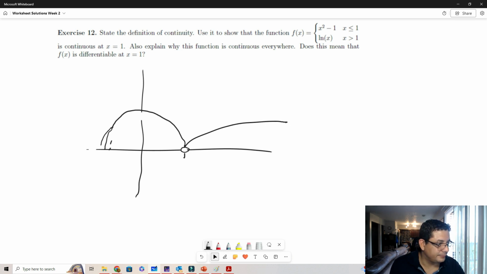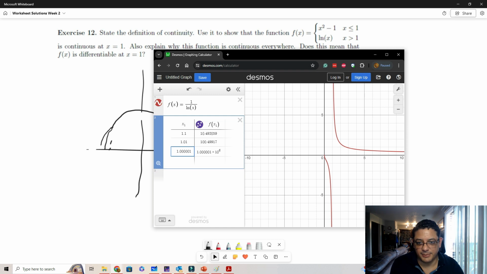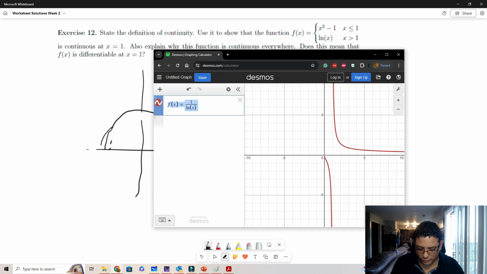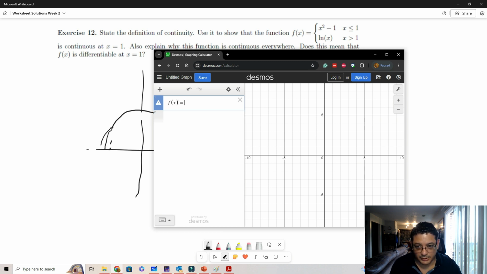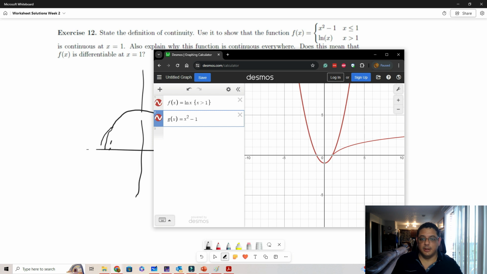So instead, let me use Desmos so you can understand what it is that I'm trying to do. So I'm going to do f of x equals log of x, and I'm going to put x bigger than 1, and I'm going to put now g of x, and of course put x less than or equal to 1.